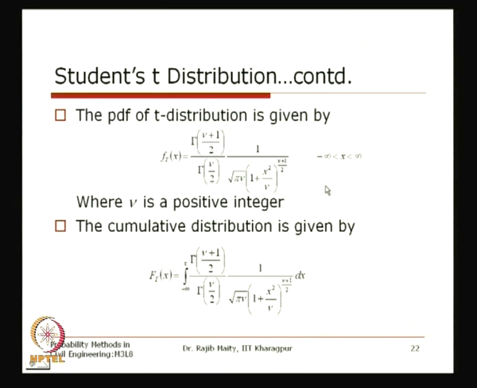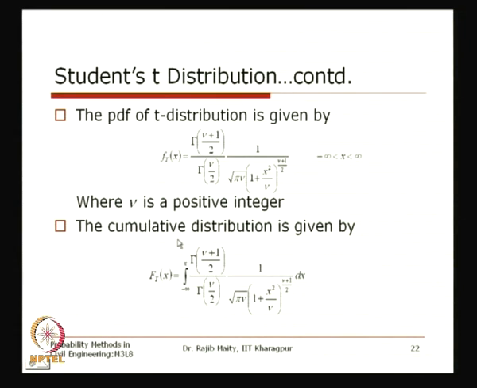Its support is minus infinity to plus infinity, so there is no bound; this random variable can take values over the entire real axis. Here nu is a positive integer, the degrees of freedom for this distribution.